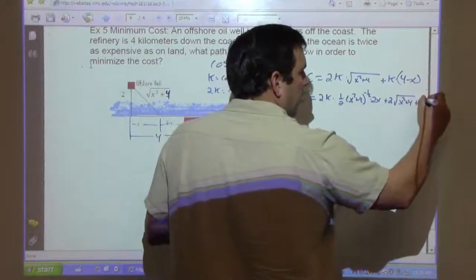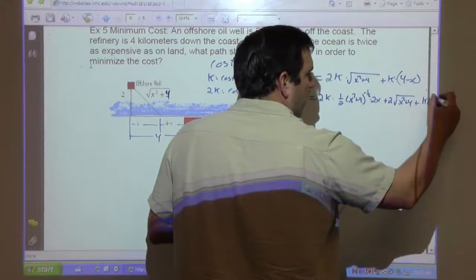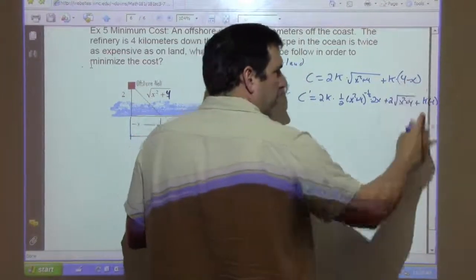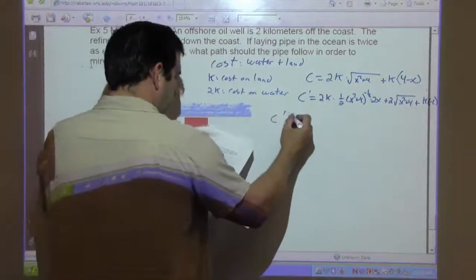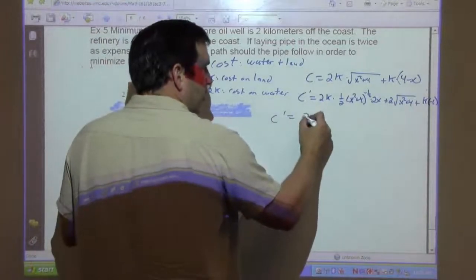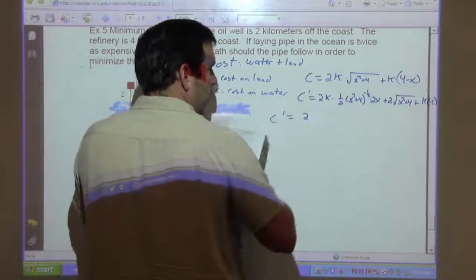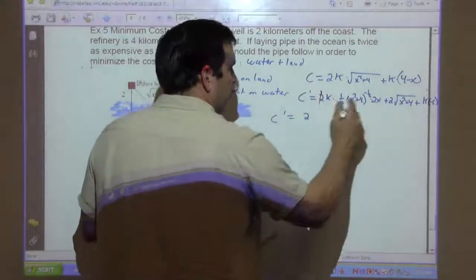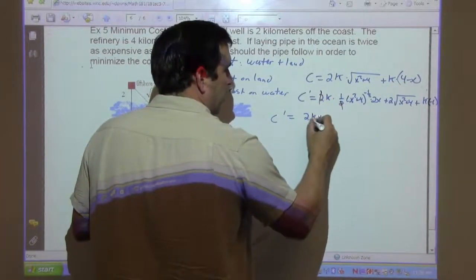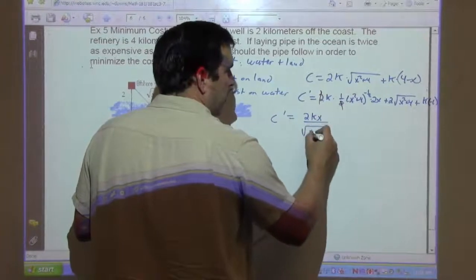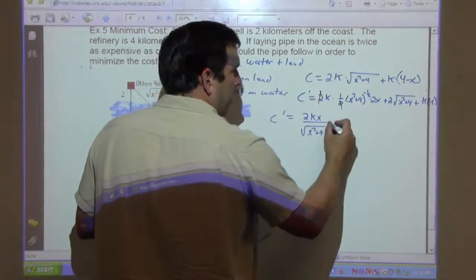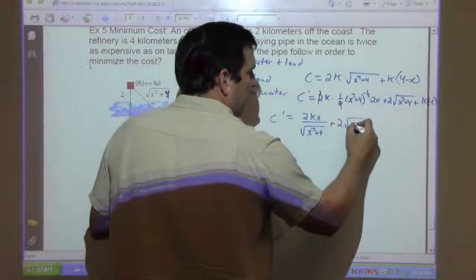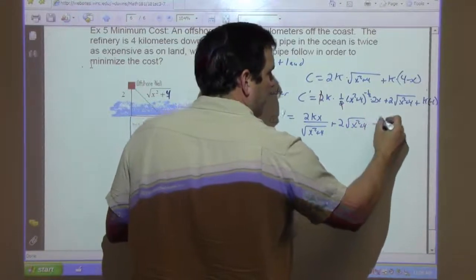And that's going to be k times negative 1 because the derivative of 4 is 0. So these 2's are going to cancel. We still have this 2 over here. So 2kx over the square root of x squared plus 4 plus 2 square root of x squared plus 4 minus k.